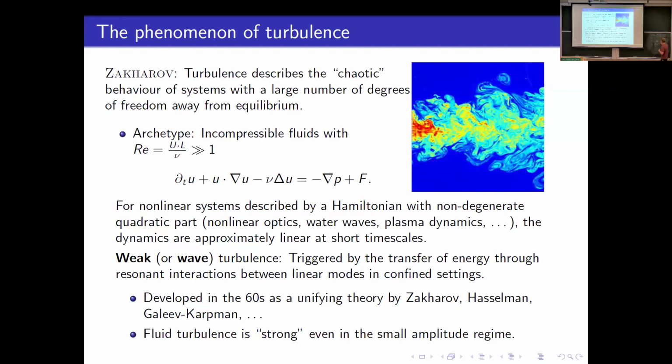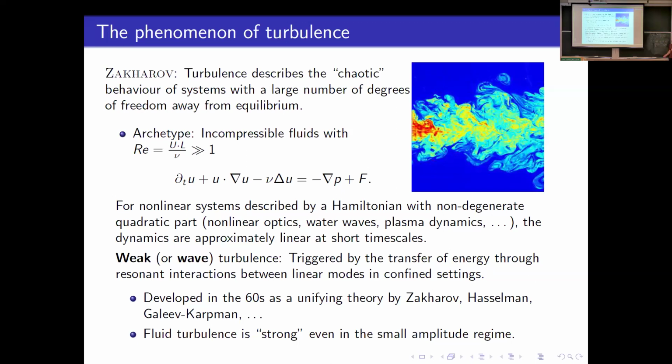So if that was the expansion of my linear solution into modes, and let me introduce some eigenfunction here, then at the nonlinear level, one expects, at least for short time scales, the solution to be approximated by linear modes with an amplitude which evolves slowly in time. And the equation on the evolution of the amplitude really depends on the nonlinearity.